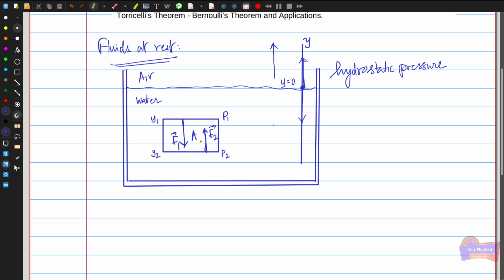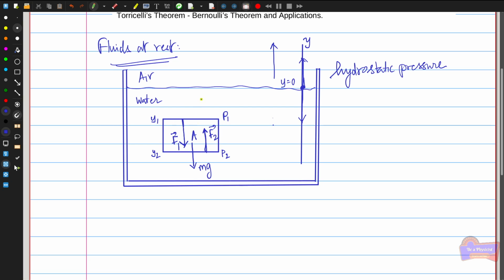Both F1 and F2 are vectors. Apart from this, there is another force, the gravitational force acting downwards, which I take as mg. Here m is the mass of the small sample which we have considered.